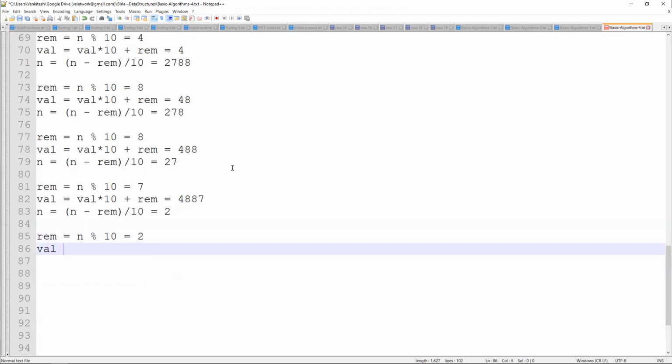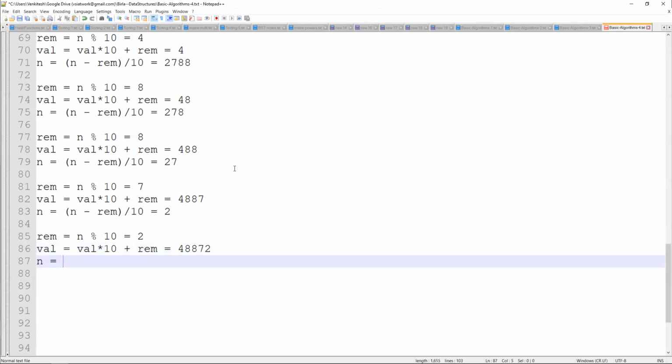Then value is equal to value into 10 plus rem. Current value is 4887. 4887 into 10, 48870 plus 2, 48872. Is that okay? And now is the interesting one. n is equal to (n minus rem) by 10.